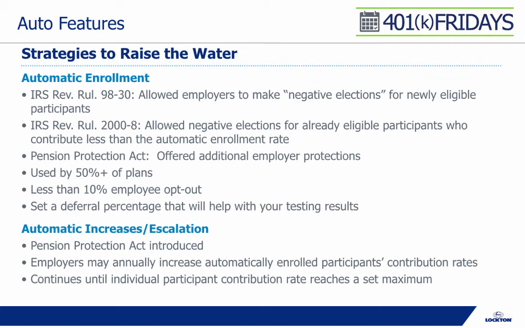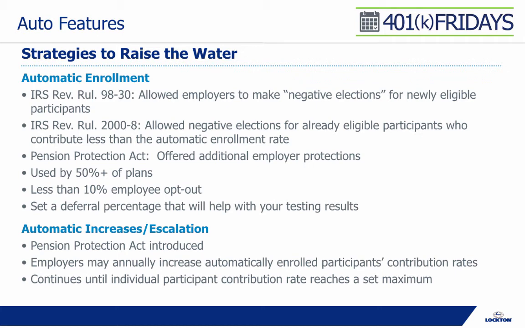What we have seen over the years is that 10% opt-out rate does not vary much by contribution rate. So 3%, 5%, 7%, even up to 8%, that opt-out rate does not increase very much.